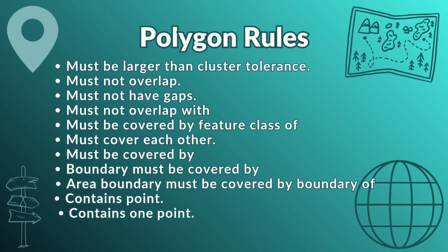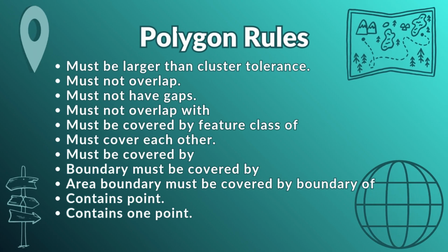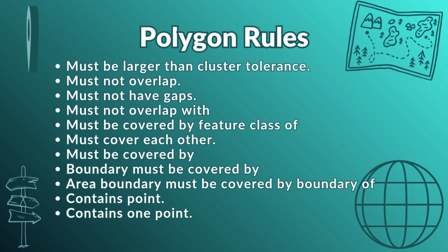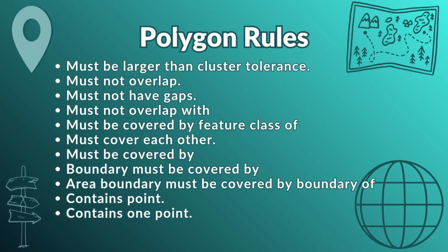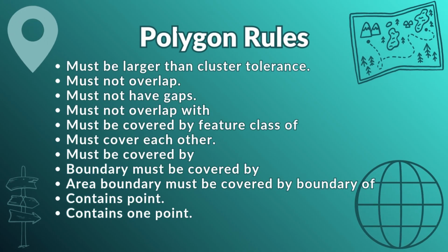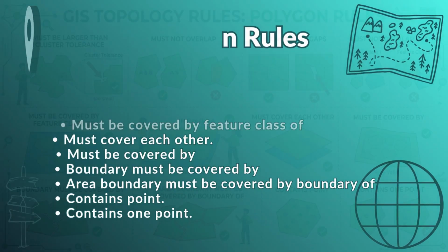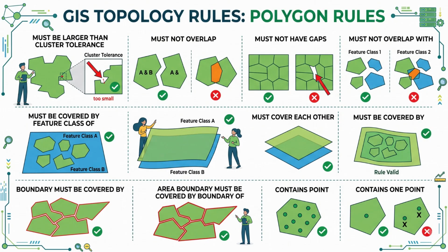Just pacing around the database, clipboard in hand, screaming at the geometry. Like if we're dealing with a polygon feature class, say property parcels, the supervisor's rules are non-negotiable. Polygons must not overlap, and polygons must not have gaps. Because in the real world, property boundaries don't overlap. And there isn't just a mysterious void of unowned space between two adjacent houses in a subdivision. Right. The database must reflect physical reality.